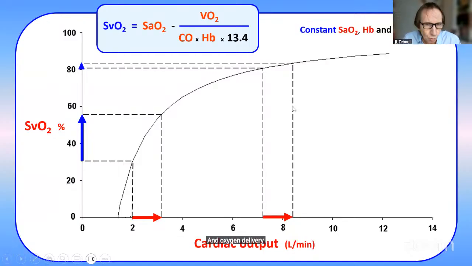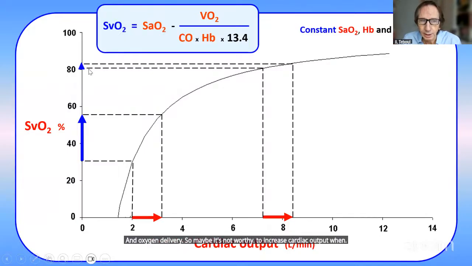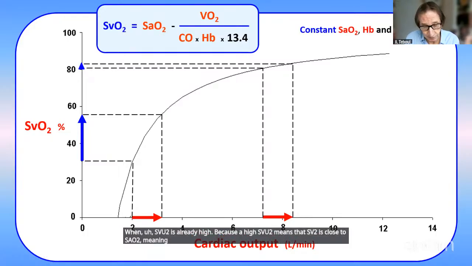So maybe it's not worthwhile to increase cardiac output when SVO2 is already high, because a high SVO2 means that SVO2 is close to SaO2, meaning the presence of shunt.